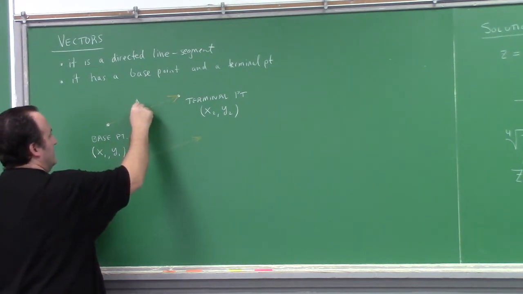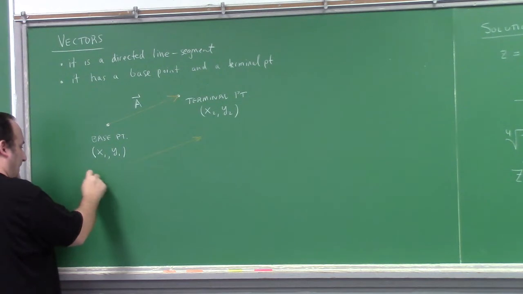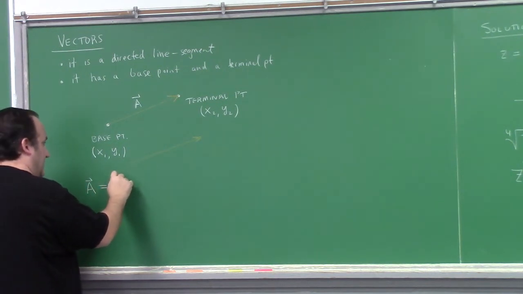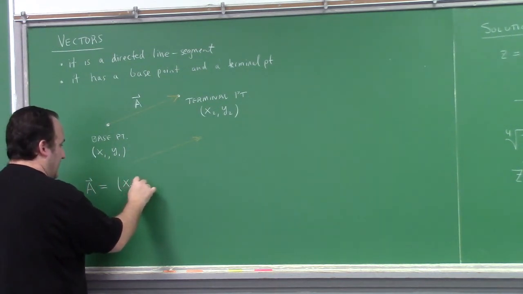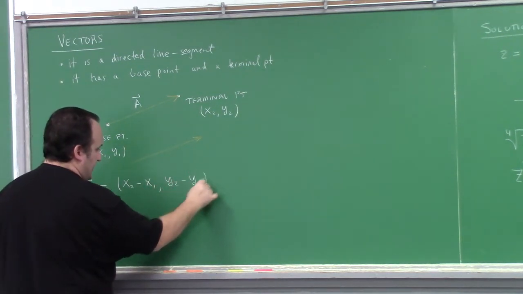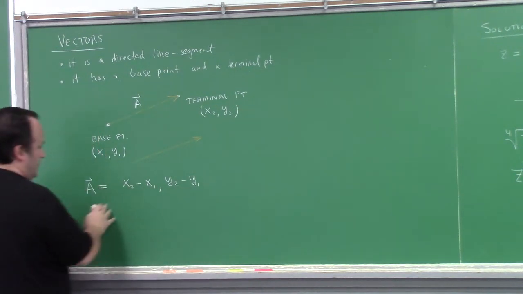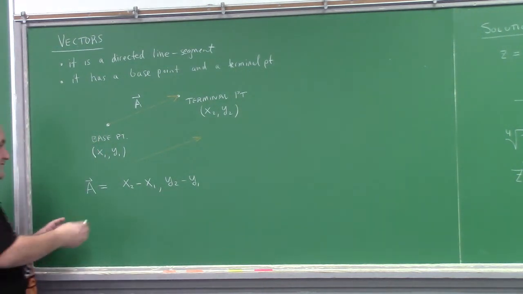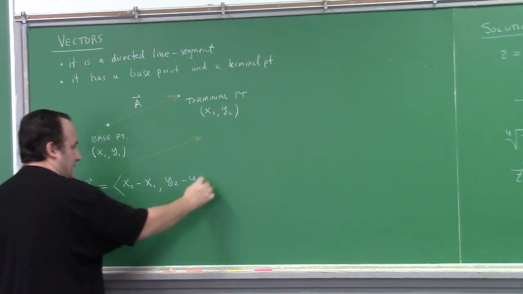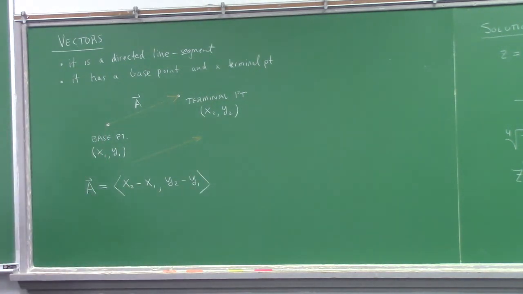A. Then A, this vector, is equal to <x2 minus x1, y2 minus y1>. So you just take the difference. I try not to write the parentheses here. If this is a vector, we use angle brackets to indicate that it's a vector, right?